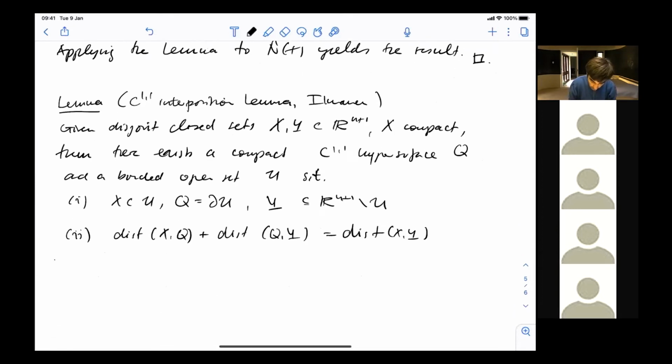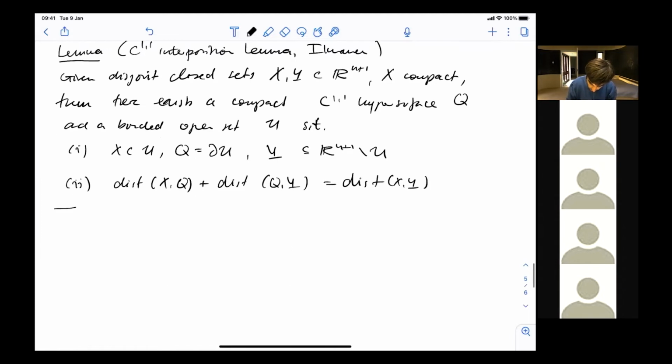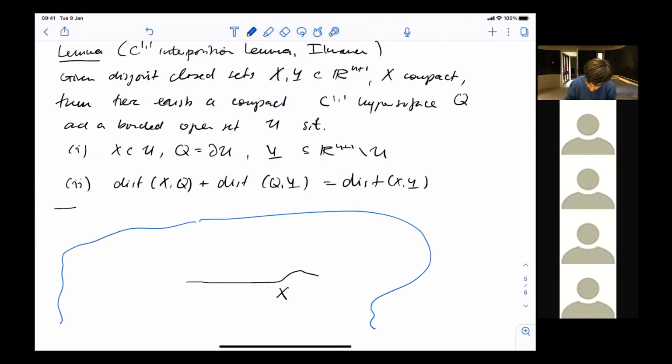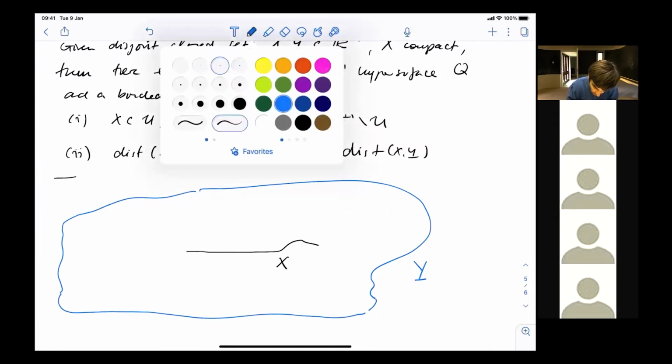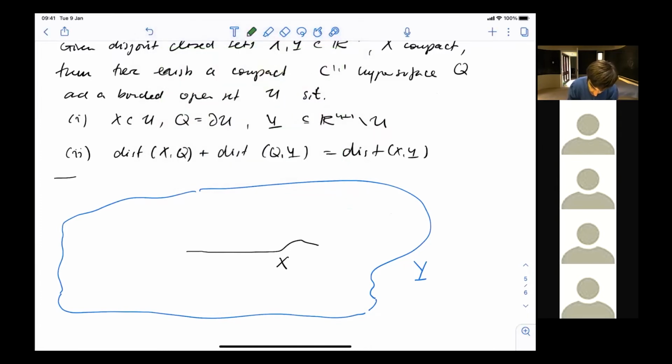Okay, let's draw a picture here. Let's say this is our set X. Then let's take this here to be the set Y. Let's close it here, something like this, for example. Now, what does this mean? What you do here is take, for example, r to be half the distance, and take the tubular neighborhood of radius r. So take r to be distance(X, Y) divided by 2.